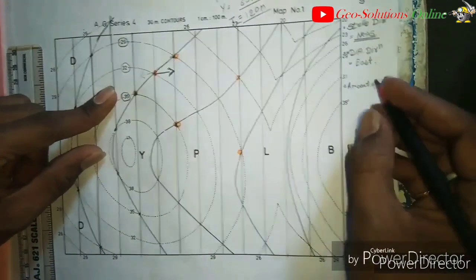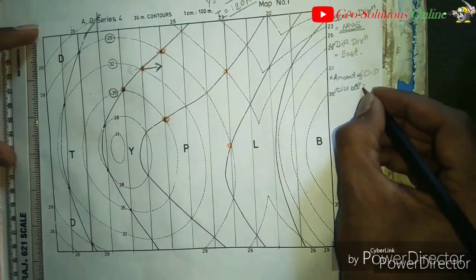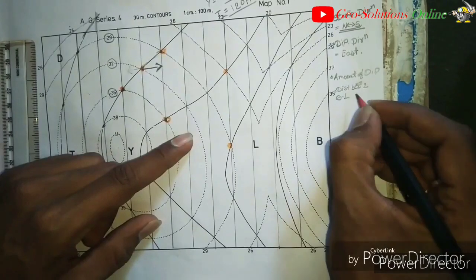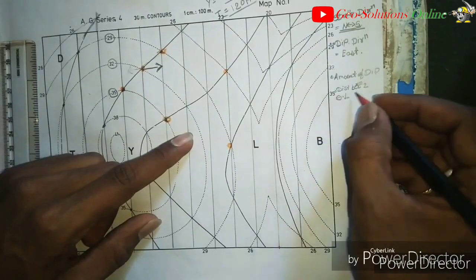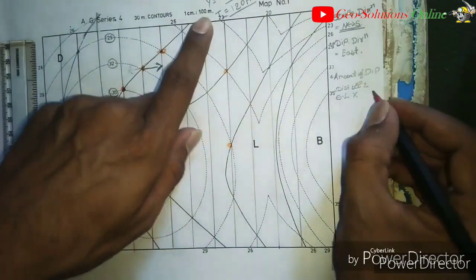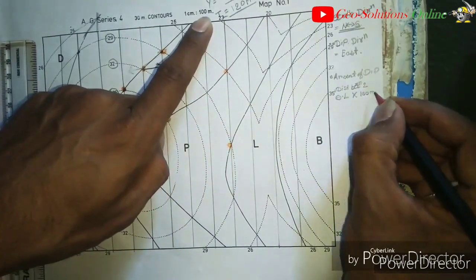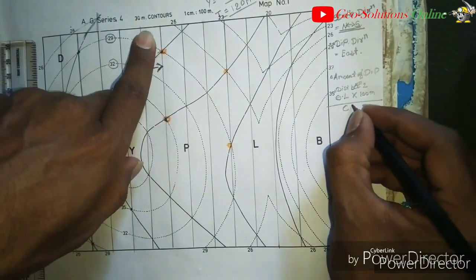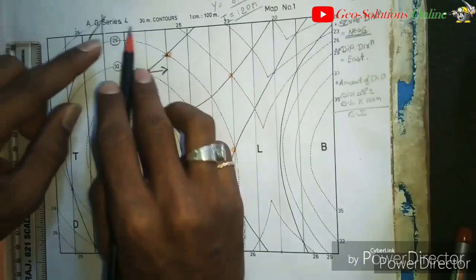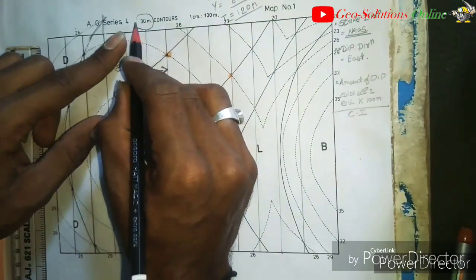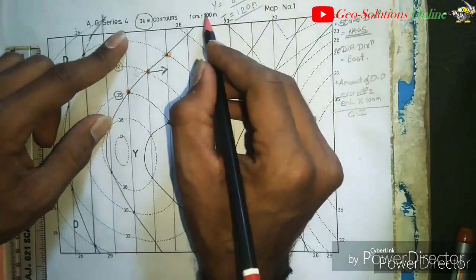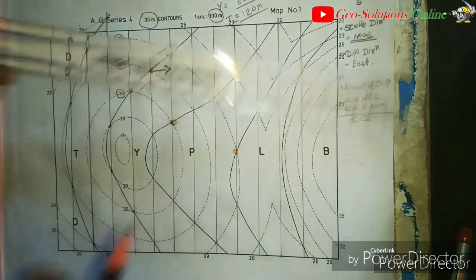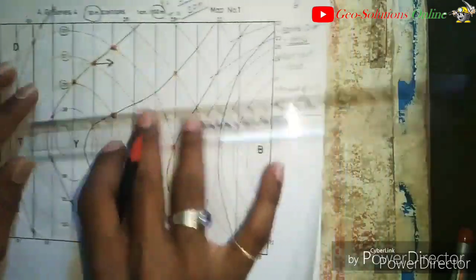The formula for the amount of dip is the distance between two successive strike lines, which I will abbreviate as SL, into the scale of the map, that is 100 meter, divided by the contour interval, CI. We have the value of the contour interval, that is 30 meter. We have the value of the scale of the map, that is 100 meter, and we will measure the distance between two successive strike lines. I will consider these two strike lines.